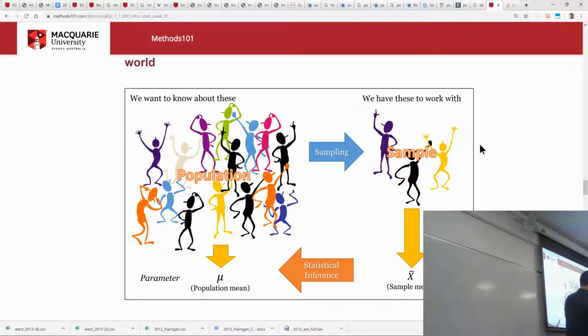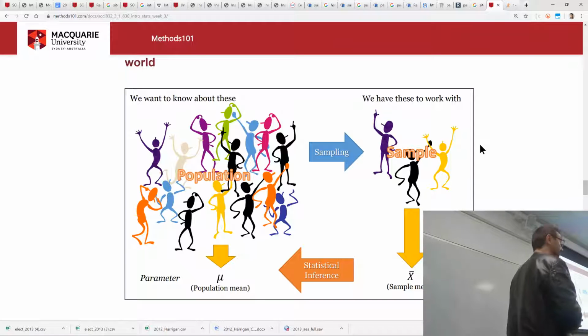I would prefer to use the full names, population parameter and sample statistic, because parameters and statistics are thrown around in a million different ways by a million different people. But when you say population parameter and sample statistic, you clearly mean something very specific.